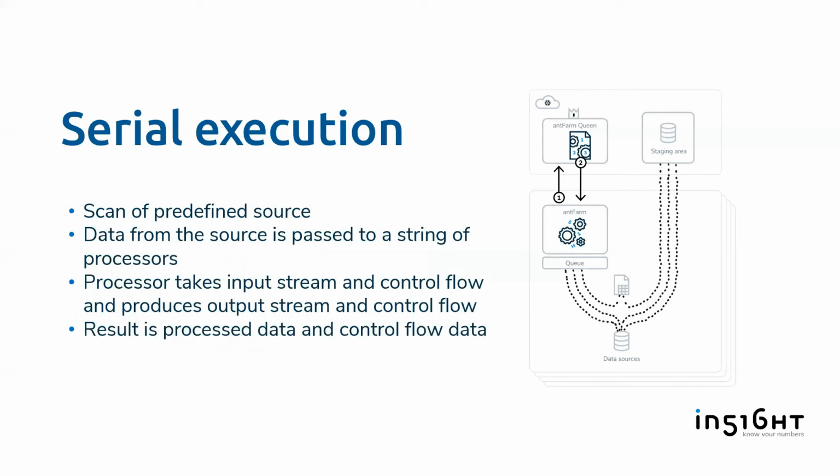This is the thing that I was talking about until now, the bread and butter of antFarm. Most data warehousing solutions will need a fast and efficient transfer of data from the source to the destination. But in some cases, the data is produced by some other system, not a database.